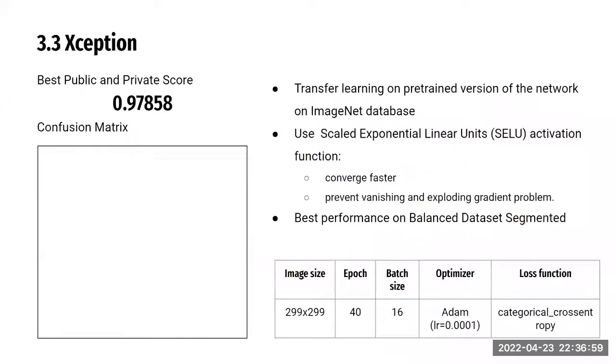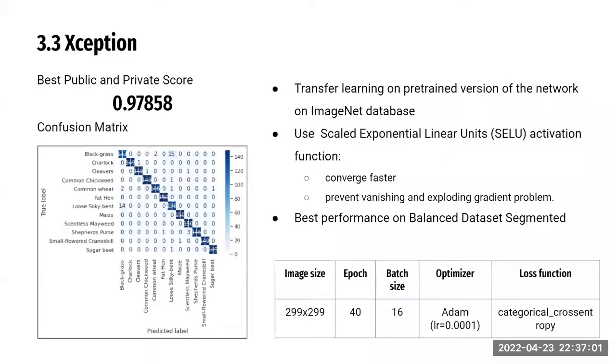Okay, and the final experiment is Xception. Basically, Xception is an extension of the Inception architecture, which replaces the standard Inception modules with depth-wise separable convolutions. So here, the Xception model challenges the concept that we need to consider both space and depth at the same time. And for this model, our dense layer uses the SELU activation.